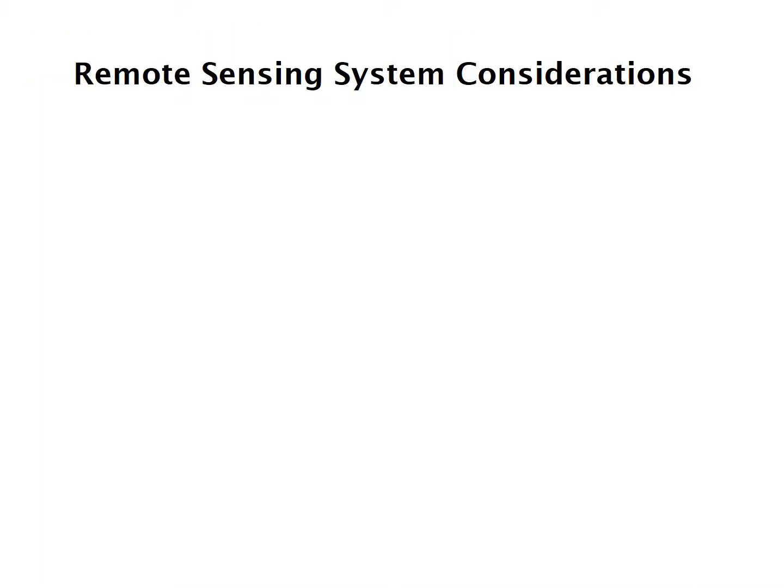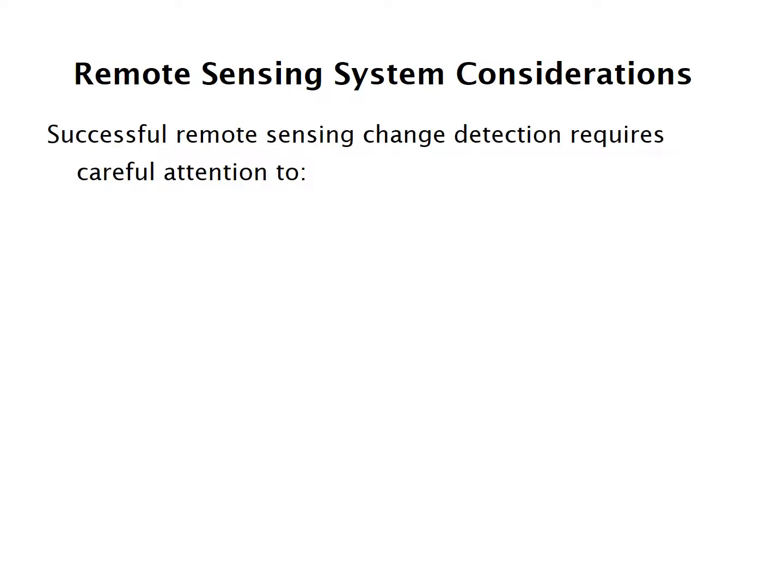So if we're going to look at this from remote sensing, let's look at some of the considerations. Successful remote sensing change detection requires careful attention to a couple of things. The first is your remote sensor system considerations. Certain sensors have certain limitations. They have certain constraints in terms of availability and how frequently they go over areas.